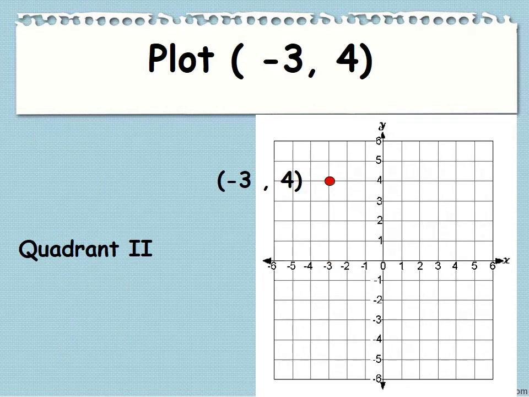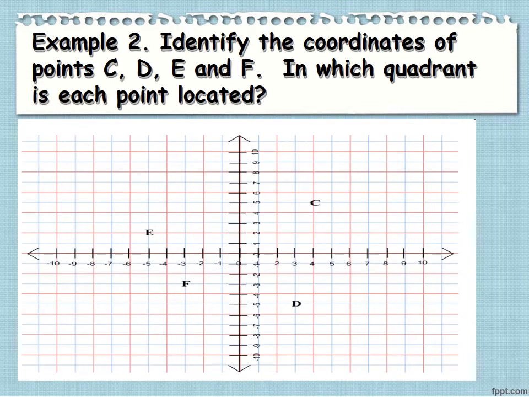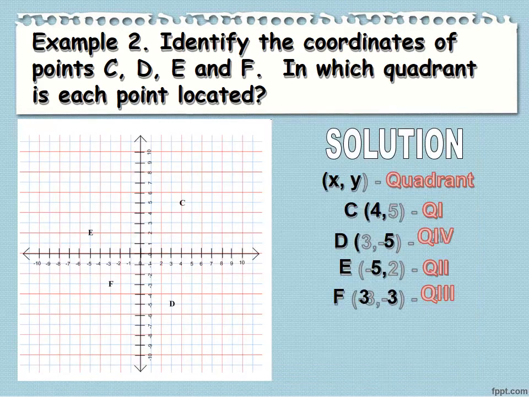The point (-3, 4) is in quadrant 2. Now we have this example. Identify the coordinates of points C, D, E, and F. In which quadrant is each point located? C is (4, 5), so it is located in quadrant 1.